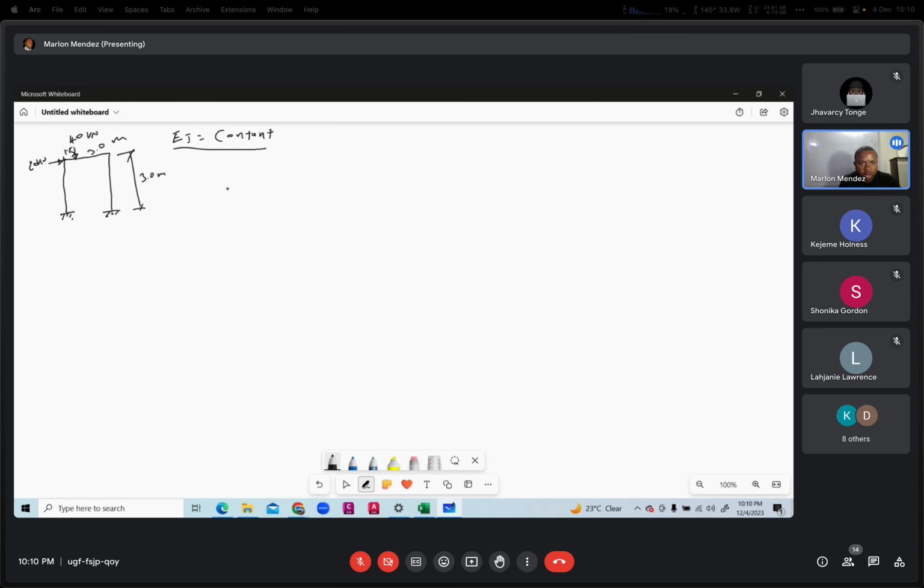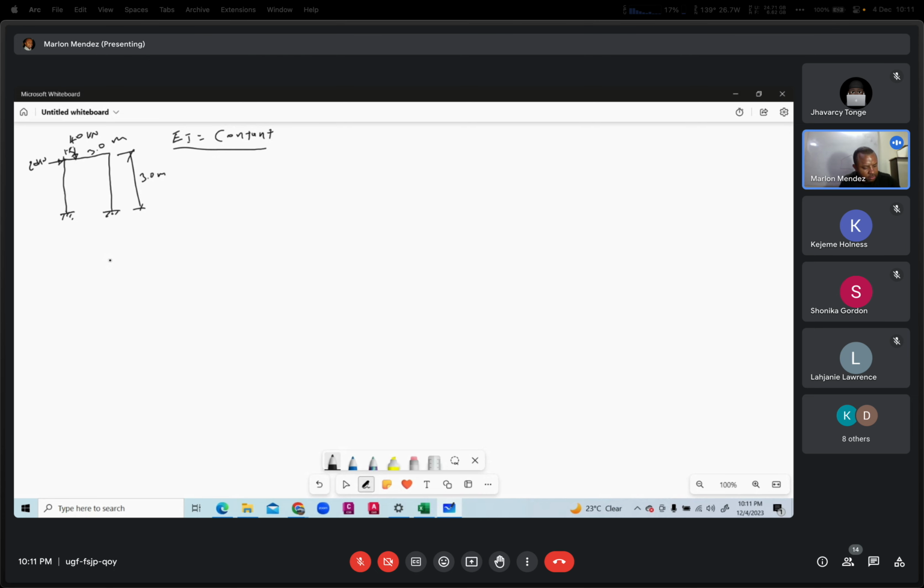So what we're trying to find is sway and no sway. The problem is going to be divided into two parts: non-sway and sway. So that is where we're going.